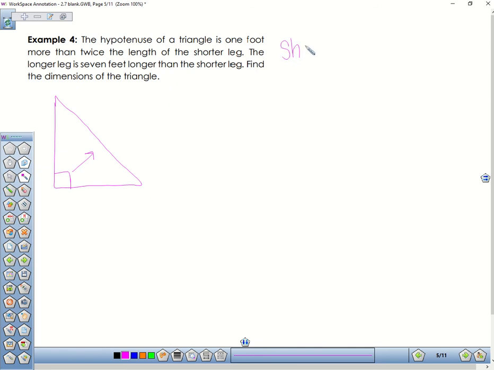Let's write everything in terms of the shorter leg, because that's the one we're referencing to talk about the other ones. So let's call the shorter leg x. Now the next dimension is the hypotenuse. It says the hypotenuse of the triangle is 1 foot more than twice the length of the shorter leg.